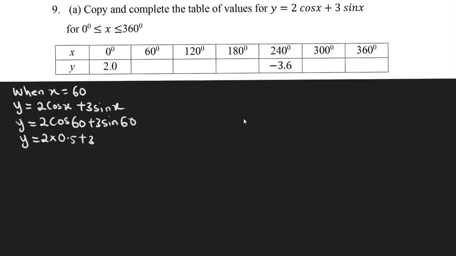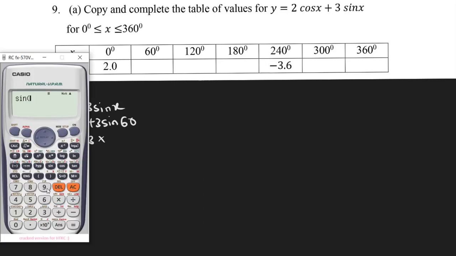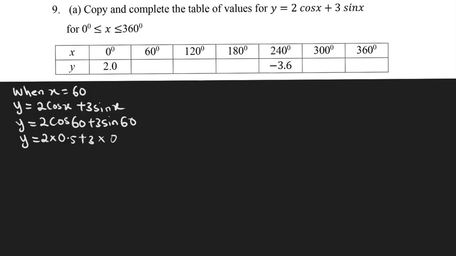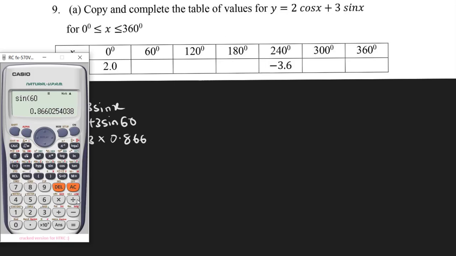Then plus 3 times sine 60. What is sine 60? It is 0.866. So now 2 times 0.5 is 1, plus 3 times 0.866, we're going to have 2.598.